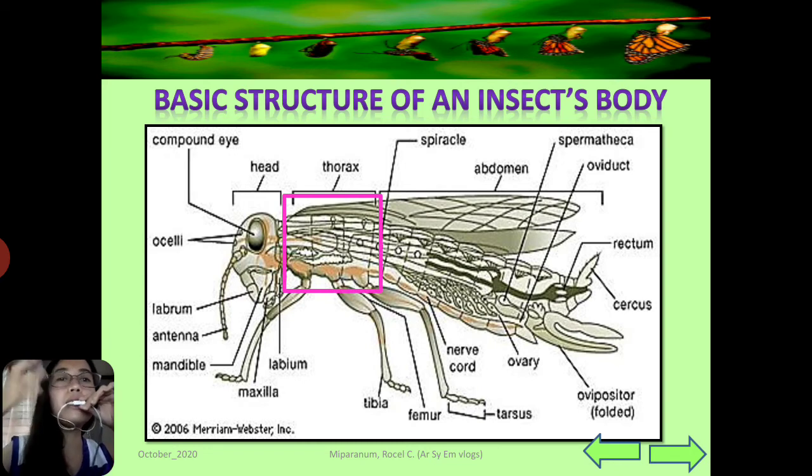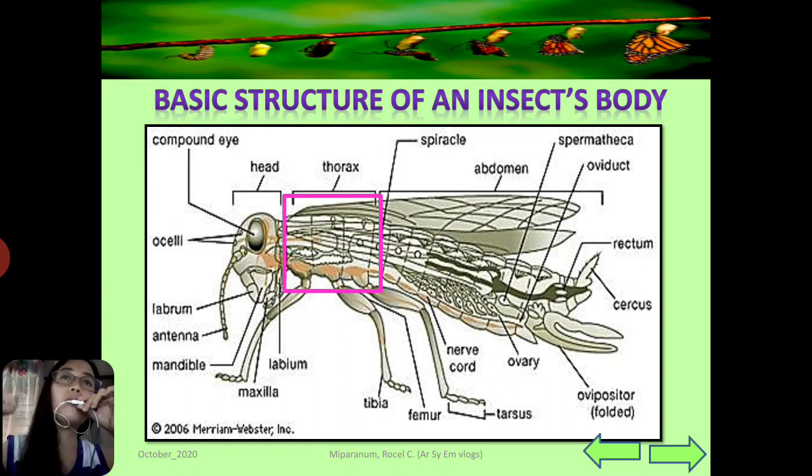If the head is known as the sensory region, the thorax is the locomotory region. In this region you can find both wings and legs, which aid the insect in locomotion.